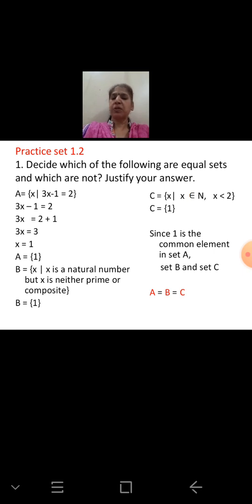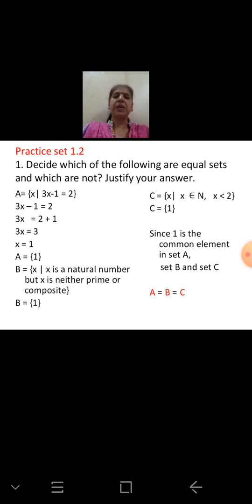Next, B is the set of all x such that x is a natural number but x is neither prime nor composite. We have to find which natural number is neither prime nor composite. Yes, it is 1.